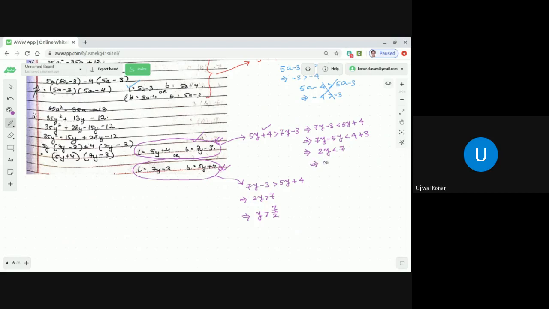That implies y is less than 7 by 2. Correct or not? So when y is less than 7 by 2, our length will be 5y plus 4 and breadth will be 7y minus 3. When y is greater than 7 by 2, then the length will be 7y minus 3 and breadth will be 5y plus 4.